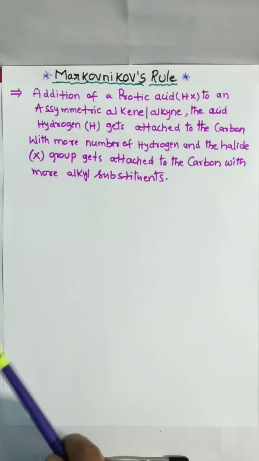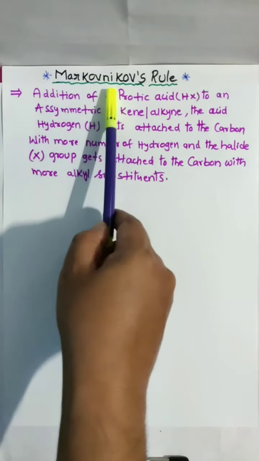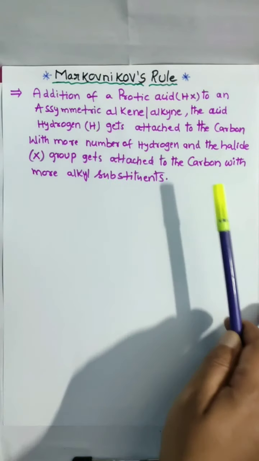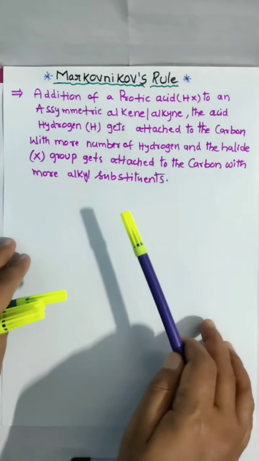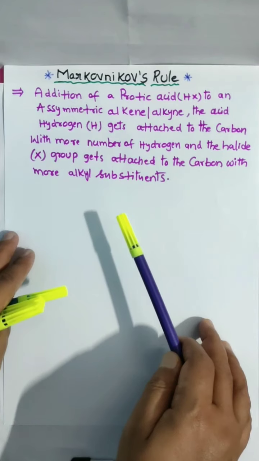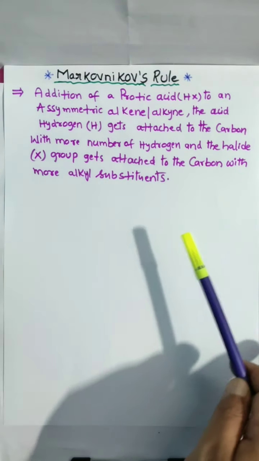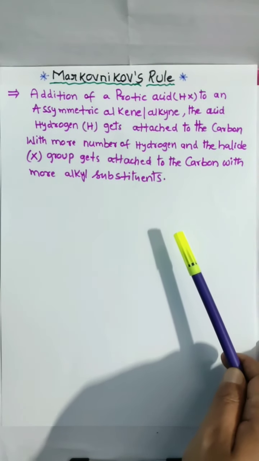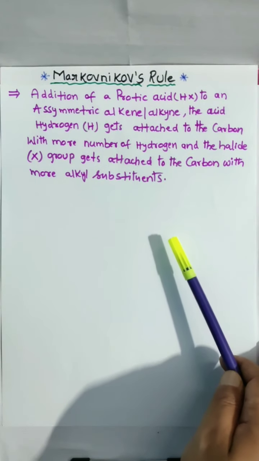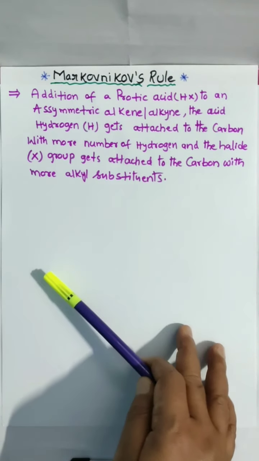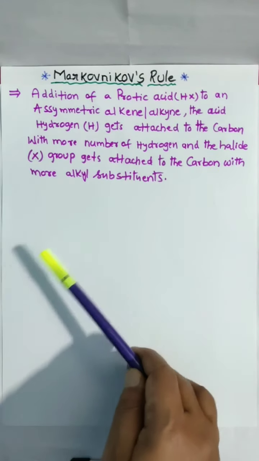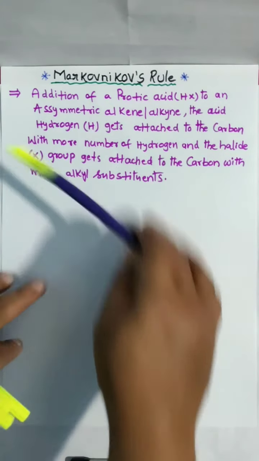Today we are going to discuss a very important concept in organic chemistry, that is Markovnikov's rule. You learn this rule in your first PUC as well as in second PUC, especially in the first PUC hydrocarbons lesson, that is in alkenes and alkynes.